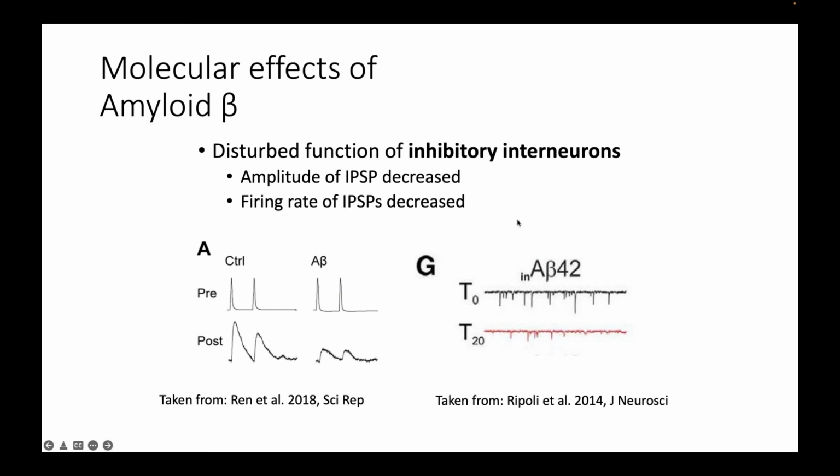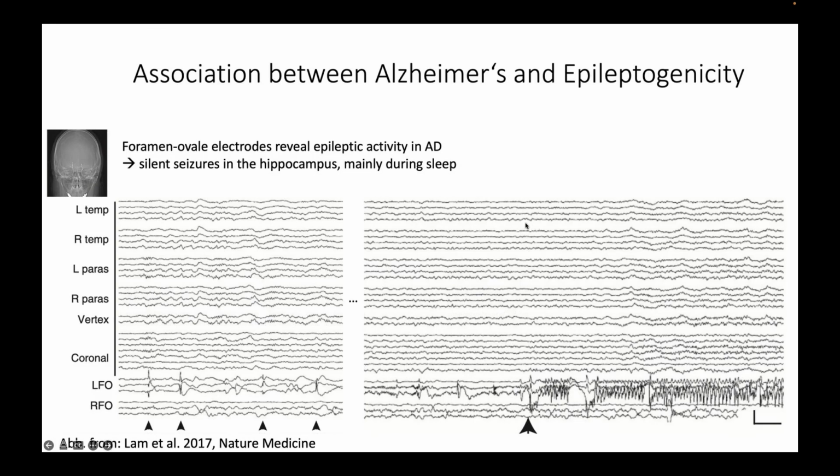When we look into the literature, we see mainly two direct effects of amyloid beta on inhibitory interneurons. The first is a decrease of the amplitude of postsynaptic potentials, and the second is a decrease of the firing rate of inhibitory interneurons.